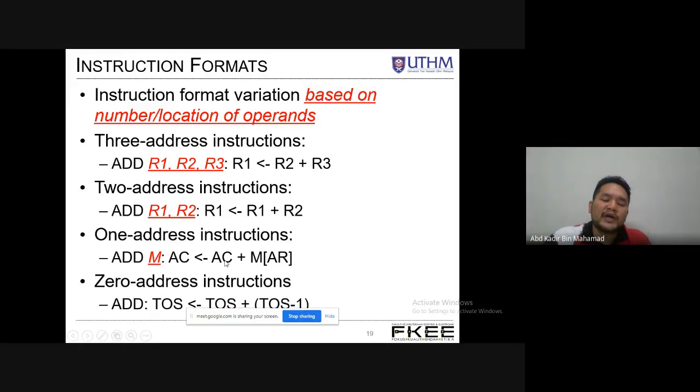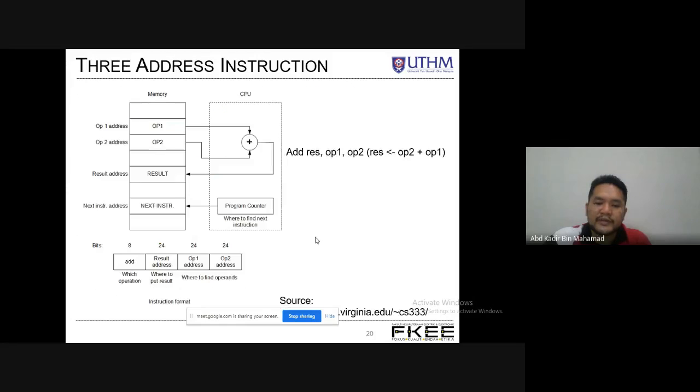You do the addition operation with the accumulator, then you store in the accumulator. The other one is 0 address, which is involved with what I call TOS, top of stack. Later on, I will show you what TOS is.